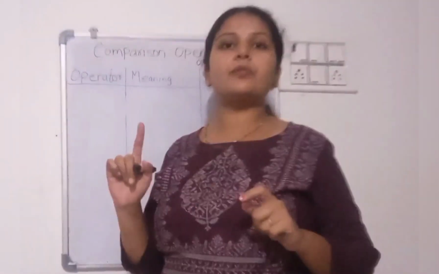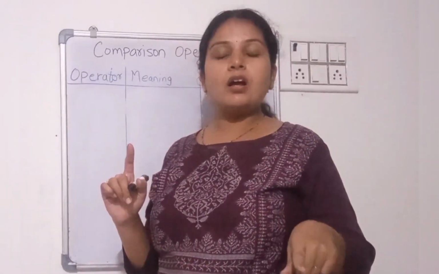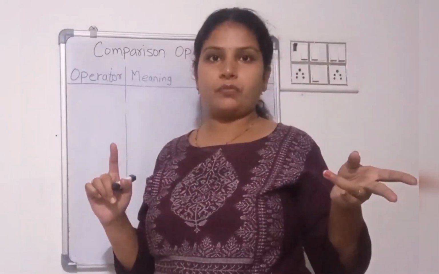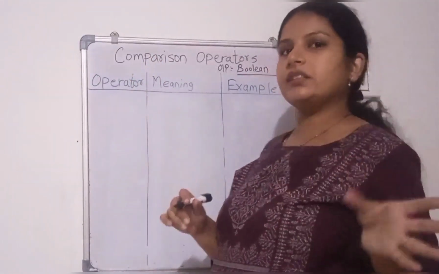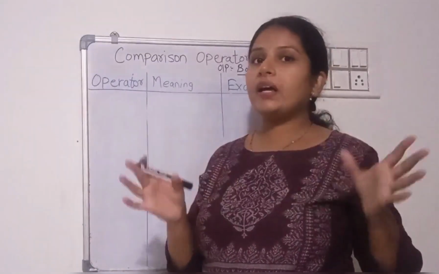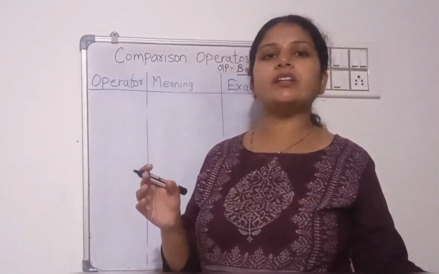We have discussed Boolean values in previous lectures, that Boolean values are 0 or 1, true or false. So when you use the comparison operator, you are getting the result as true or false because you are comparing two numbers. If that expression is right, you get the value true.